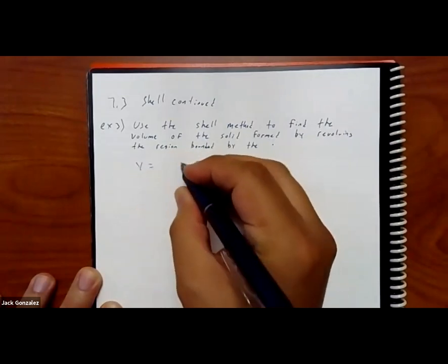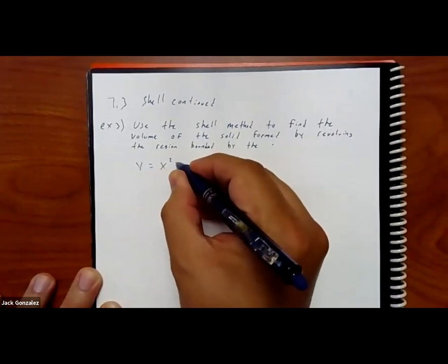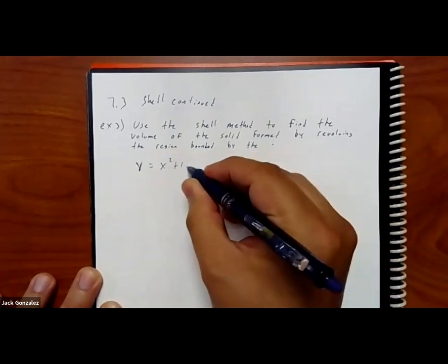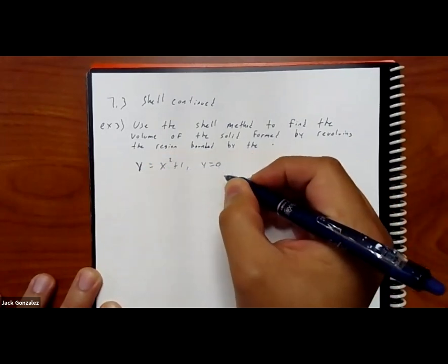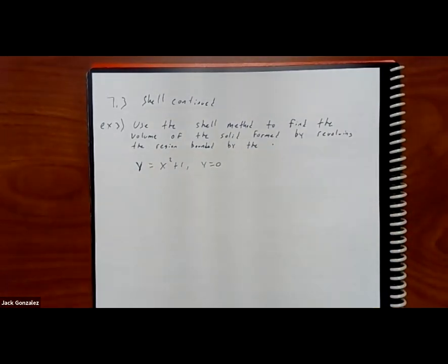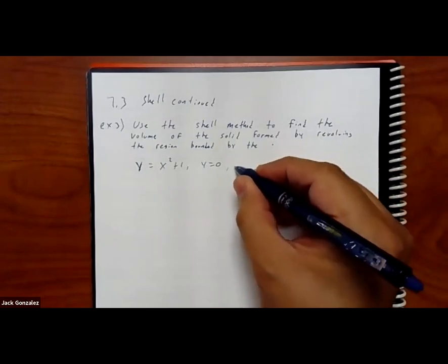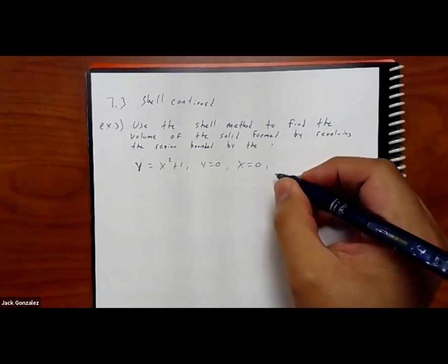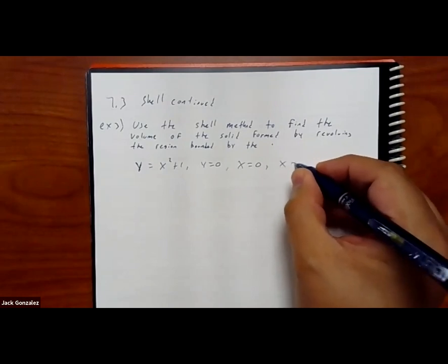Y equals x squared plus 1. Y equals 0. We haven't done this one, right? No, I don't think so. X equals 0. X equals 1.